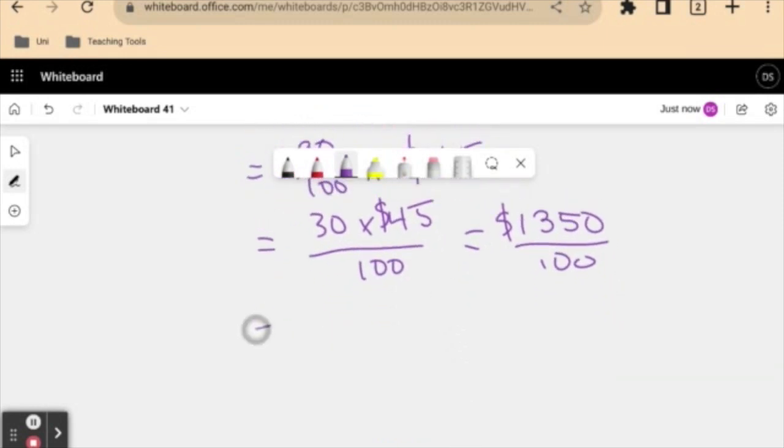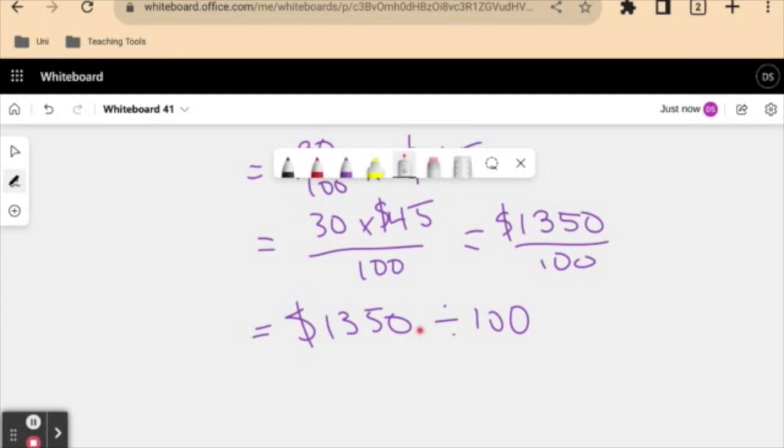And when we do this, 1,350 divided by 100, well, we looked in the previous video and said that all this did was shift our decimal point 2 places to the left. So we can imagine there's a little ghost decimal point at the end of this whole number.